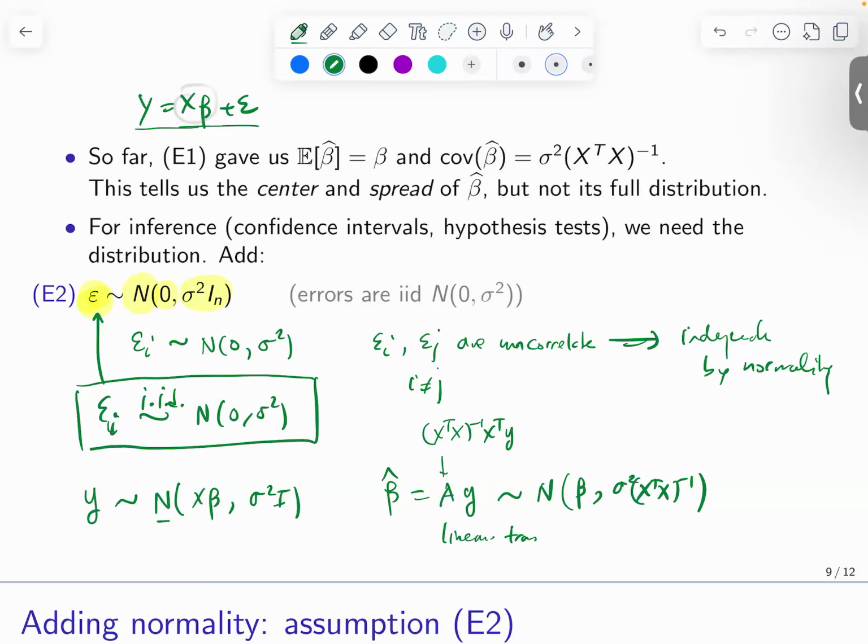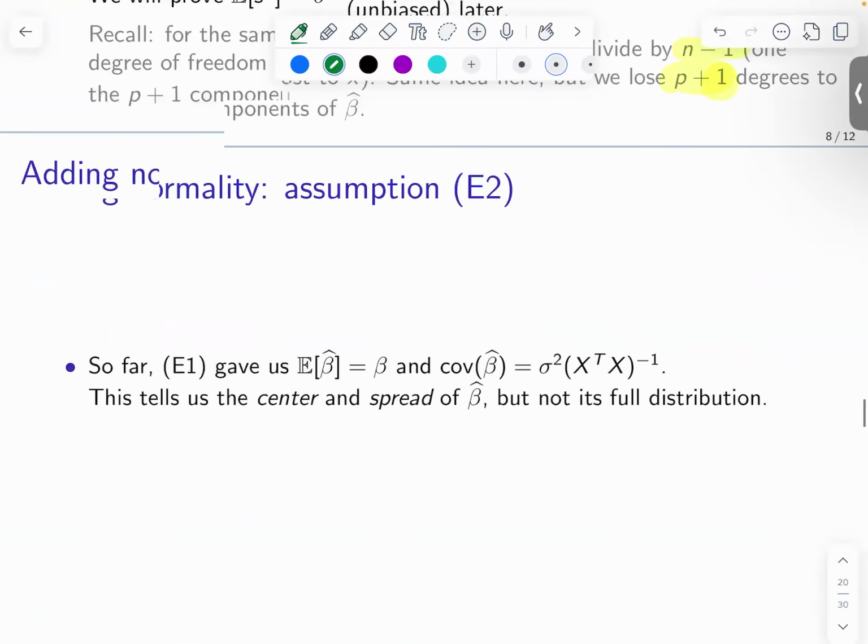The same goes for mu hat, which is HY. This is another linear transformation. And e is also (I minus H) times Y. This is also going to be normal. And I'm going to let you figure out the details. The only quantity we have seen which is not going to be normal is which one? This guy.